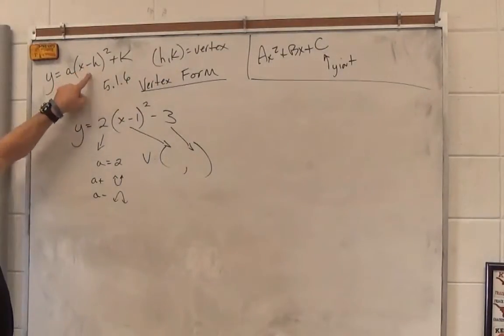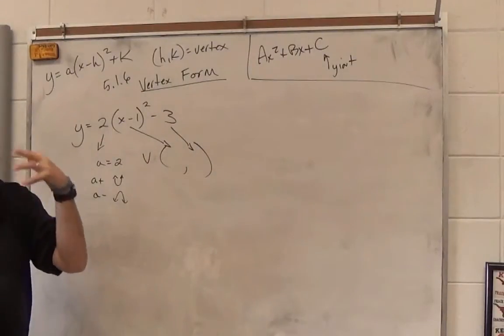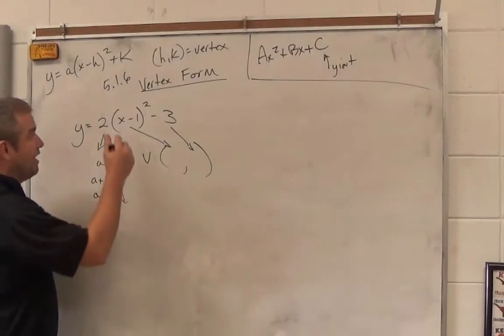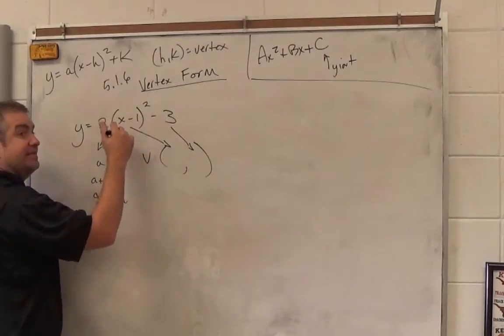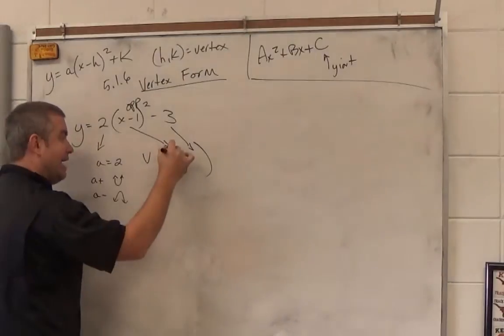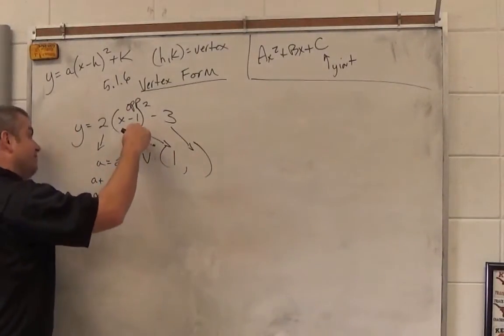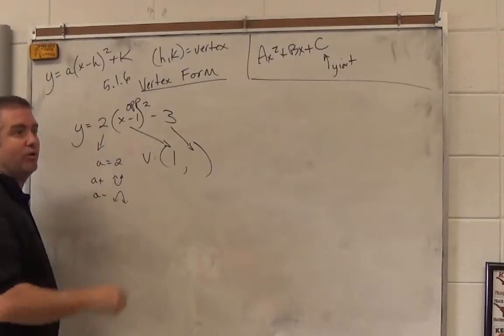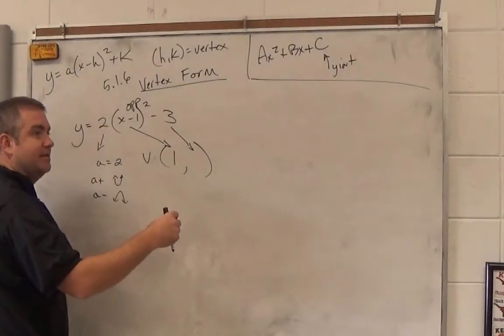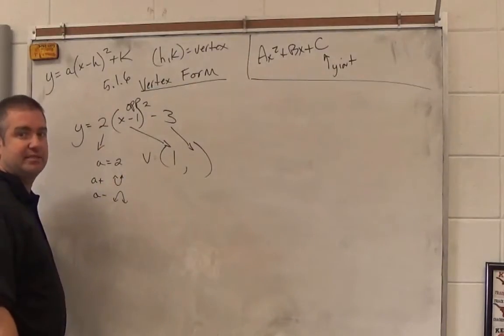So whatever number is inside the parentheses, you do the opposite of it. If that number is negative 1, the vertex x value is positive 1. We do the opposite of what's inside the parentheses.